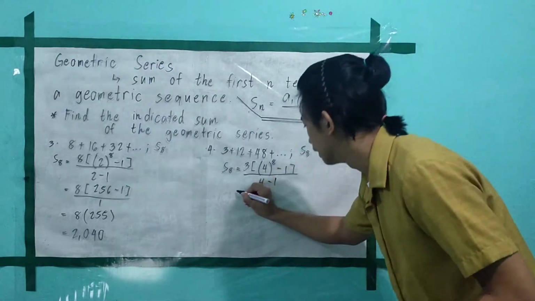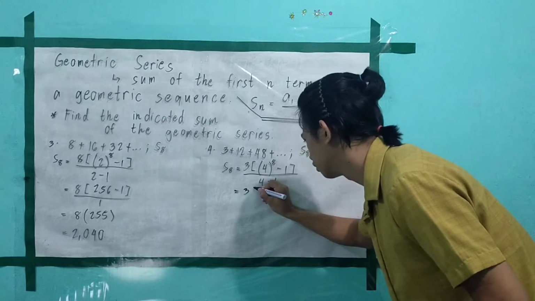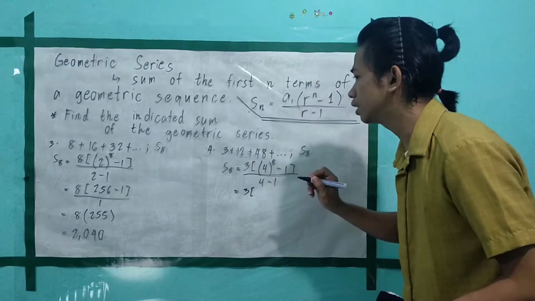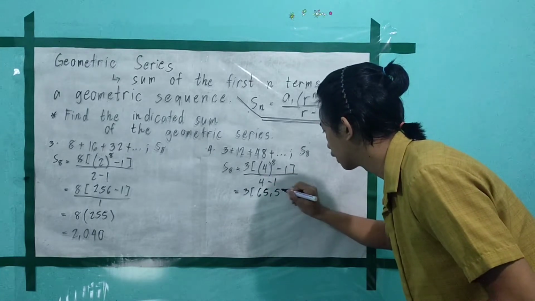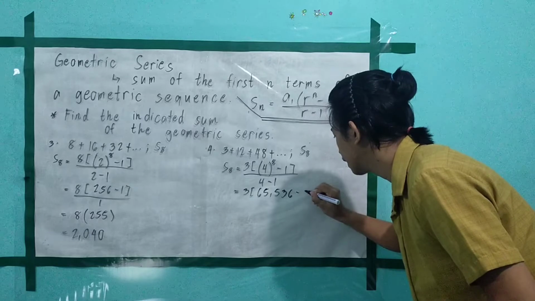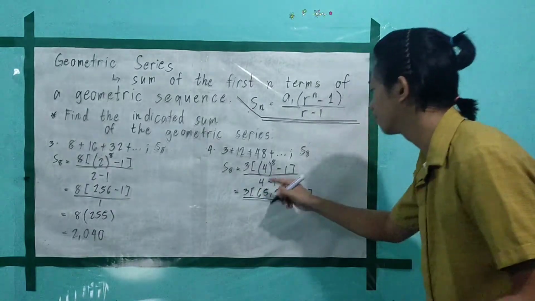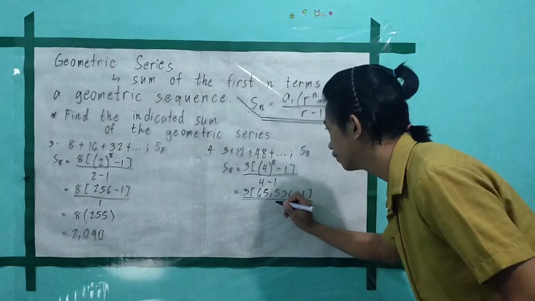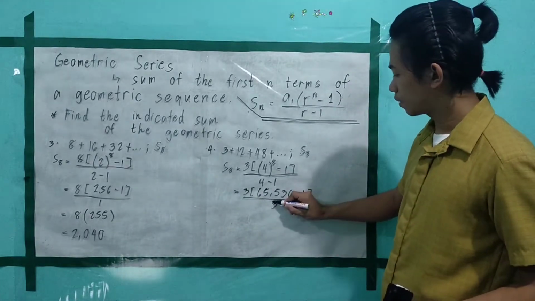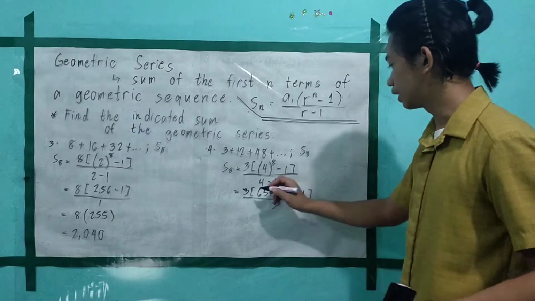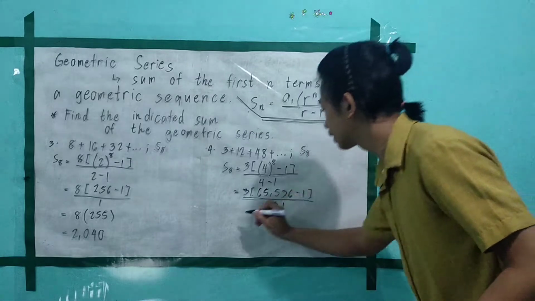Okay? Then next, simplify natin. We have 3 multiplied by 4 raised to 8. We have 65,536 minus 1. All over 4 minus 1, we have 3. So, pwede na rin itong cancel natin ito. 3 divided by 3 is equal to 1. Okay, next.